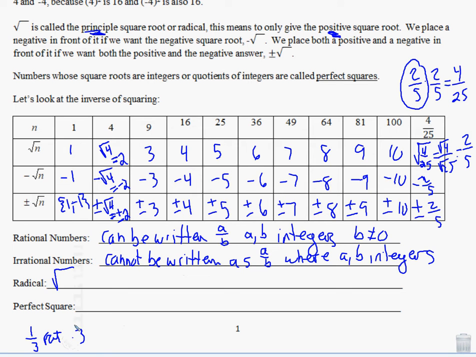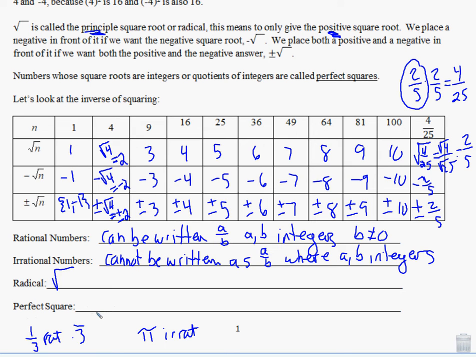It's 0.3 repeating, where something like pi is irrational. It can't be written in the form of a over b because its decimal form is non-terminating and non-repeating. So that's why it's nice to know your list of perfect squares.